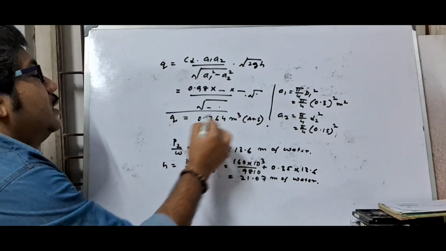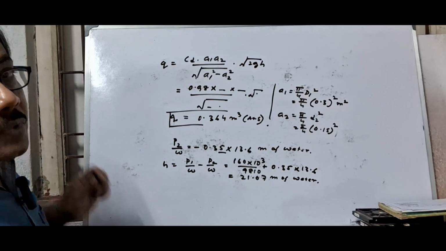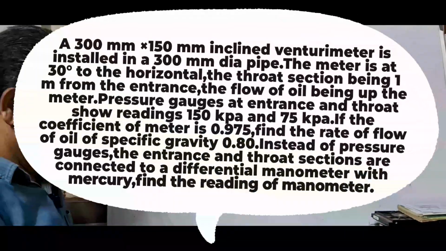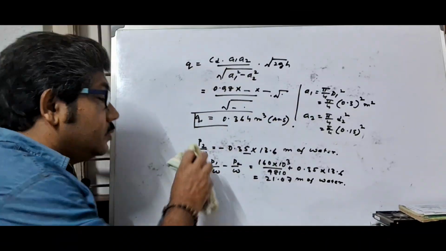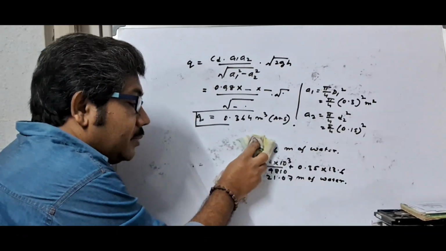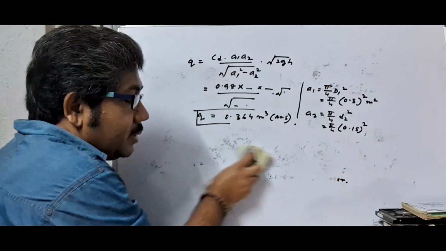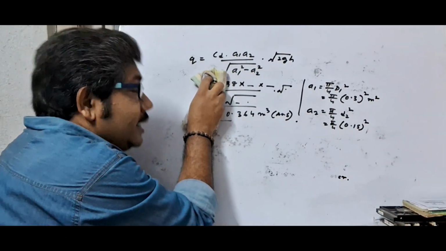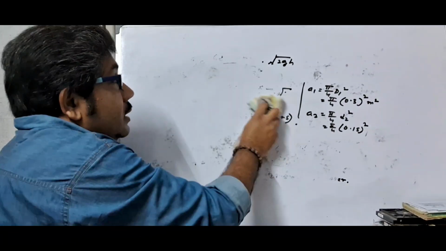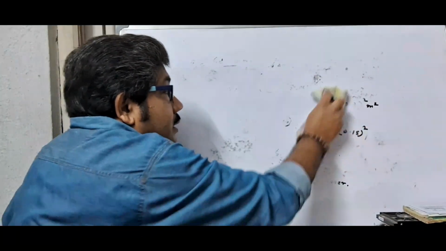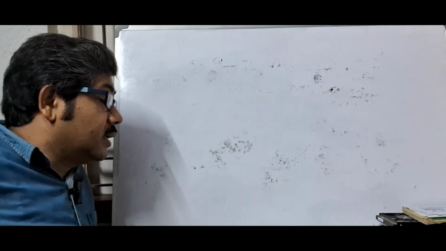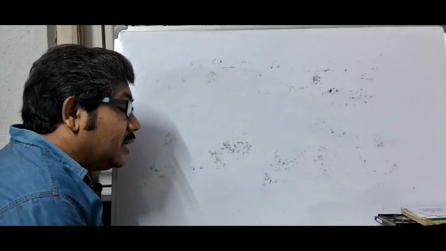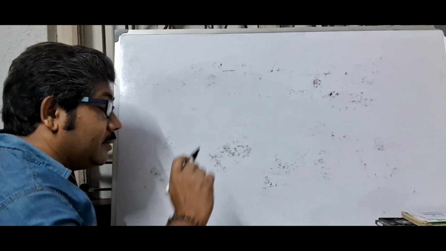Now read the second problem. A 300 millimeter by 150 millimeter inclined Venturimeter. Remember, this is an inclined Venturimeter, installed in a 300 millimeter diameter pipe.